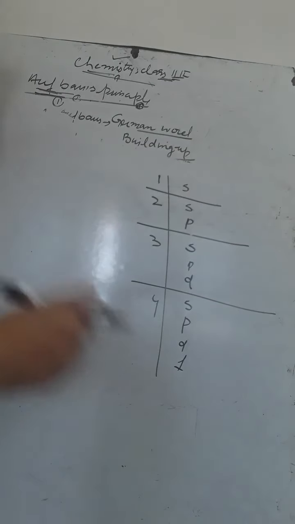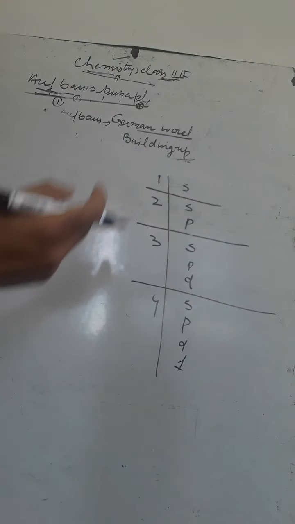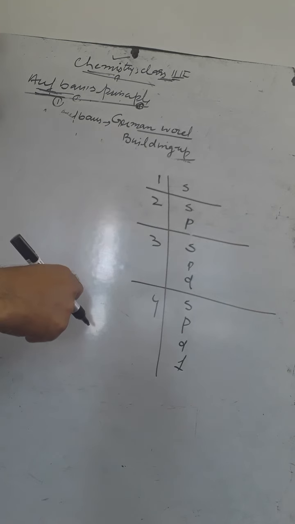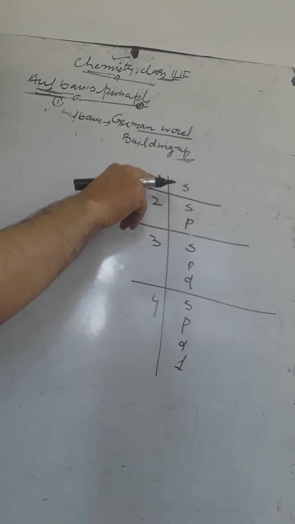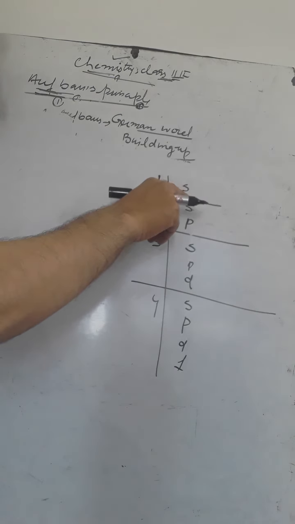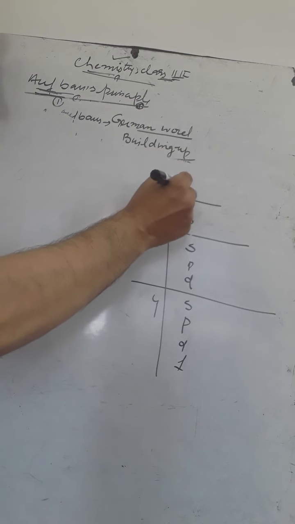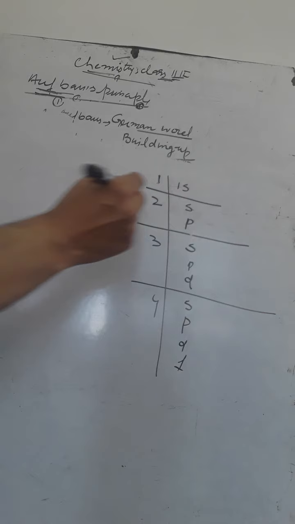And these subshells can be named after their shell number. This is s belonging to the first shell, so we write the number first before s.